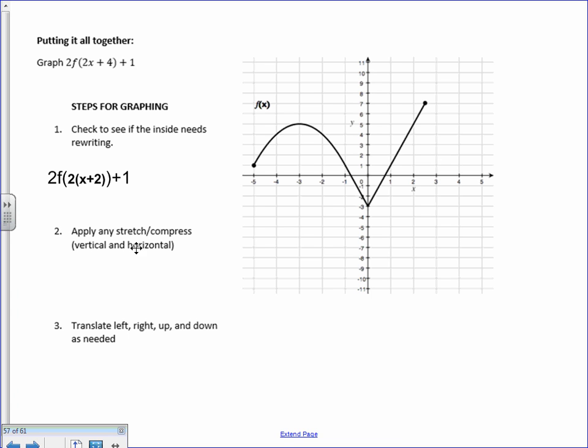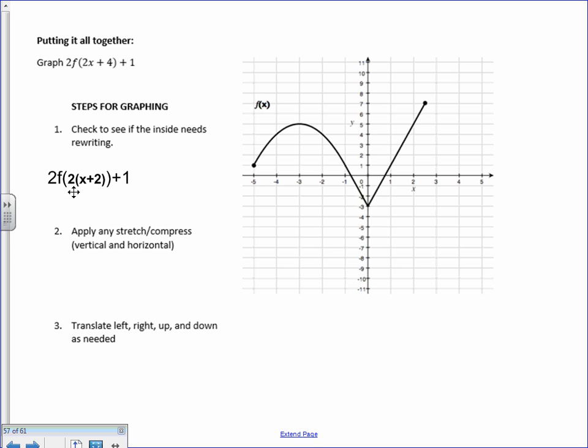Next, we have to apply any stretching and compressing, horizontal and vertical. We need to look at our rewritten function and see what sort of stretches we're going to have. This 2 on the inside gives me a horizontal compression by 1/2. This 2 multiplied on the outside gives me a vertical stretch by 2. Remember, the vertical stuff is straightforward: multiplying by 2 means stretch by a factor of 2.